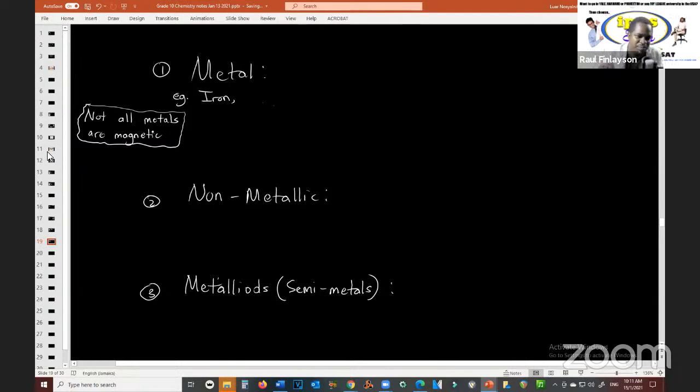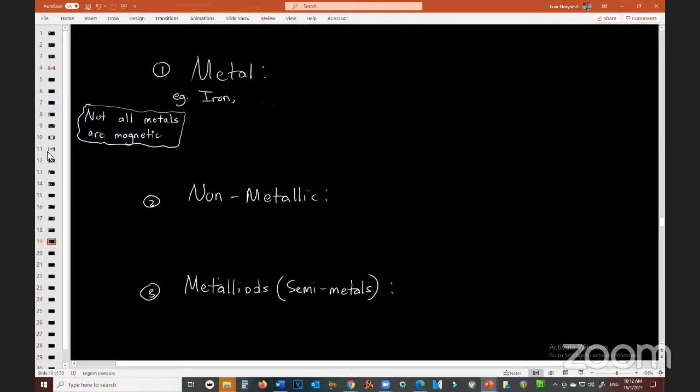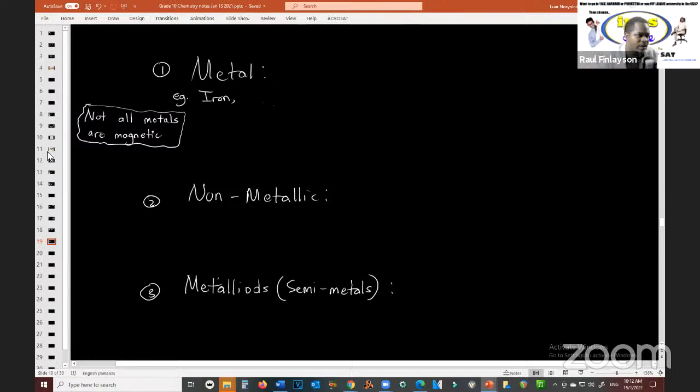So something can be made from a metal. Let me give you a simple example. Have you ever put a magnet beside a foil paper? Yes, sir, but the magnet does not attach to the foil paper. Very good. And I just told you a while ago that aluminum is a metal, yet it's not attracted to the magnet. You see that? Not all metals are magnetic.